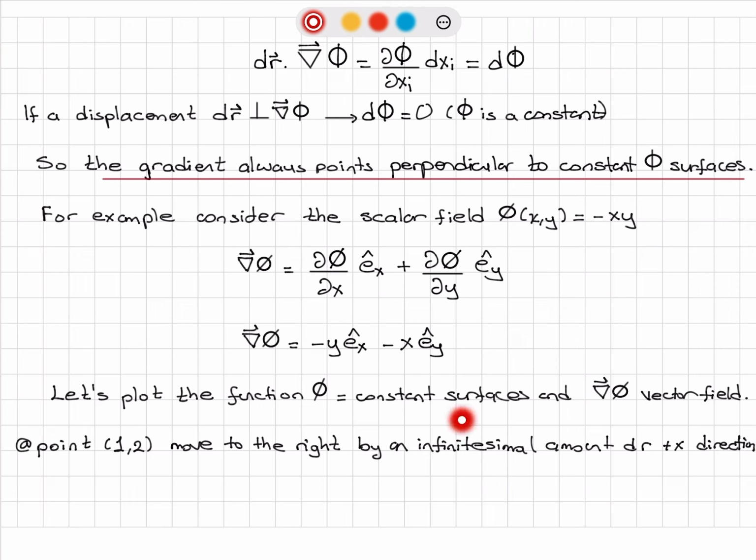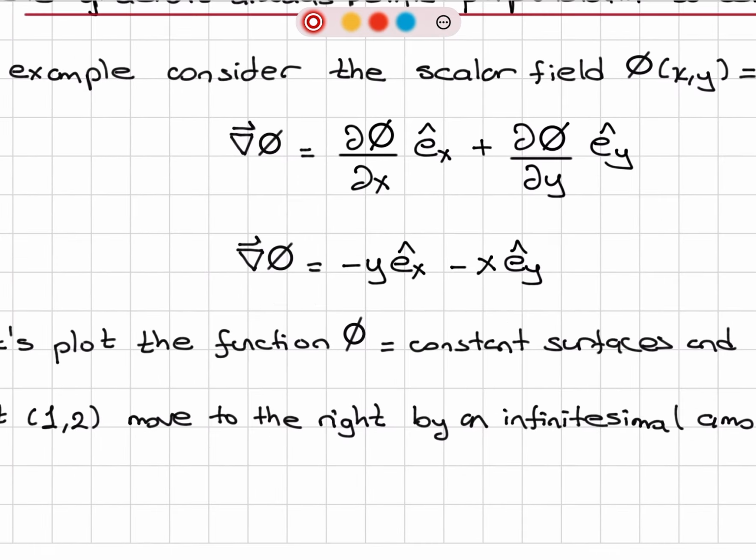Now let's plot this function. Phi is equal to a constant surfaces and the gradient of this scalar field, which is this vector field. And at point 1, 2, x equals 1, y equals 2, move to the right by an infinitesimal amount dr in plus x direction. And then we will calculate the change in the function d phi.